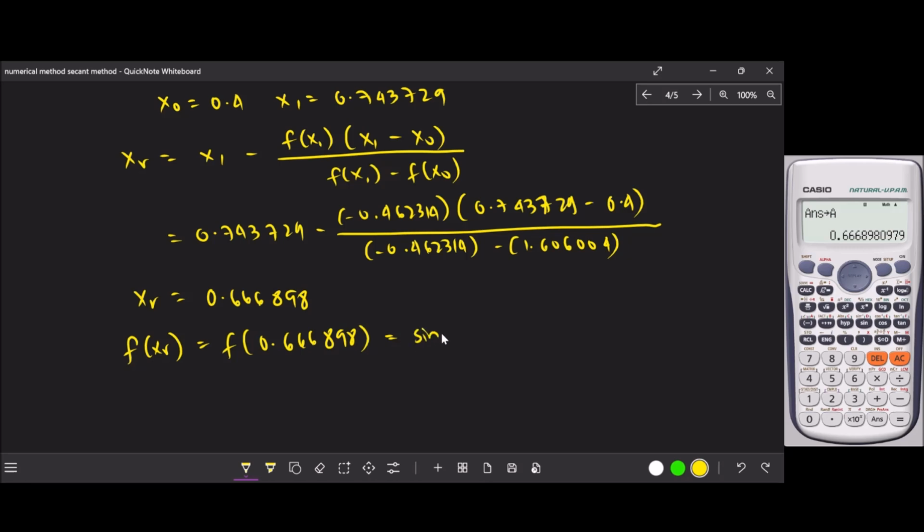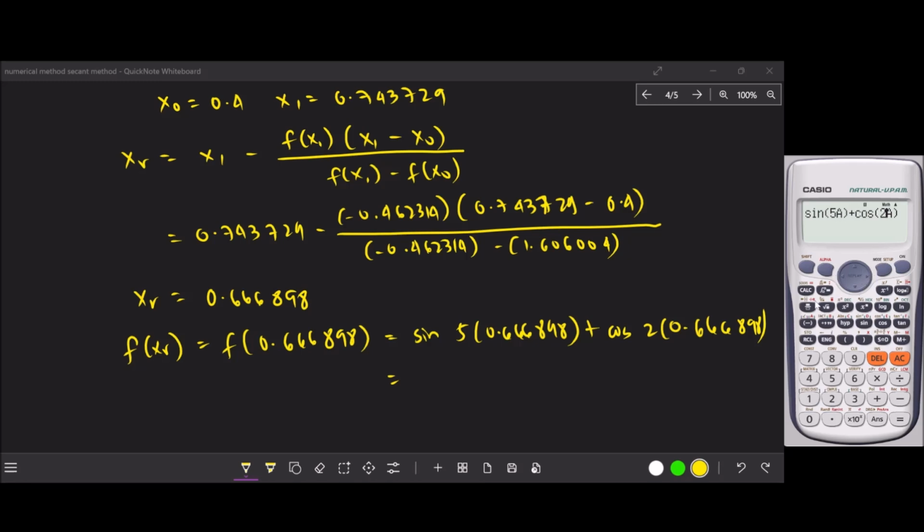So this is equal to sine 5 times 0.666898 plus cosine 2 times 0.666898. Okay, so using our calculator, we have sine 5A plus cosine 2A, not 5 but 2.